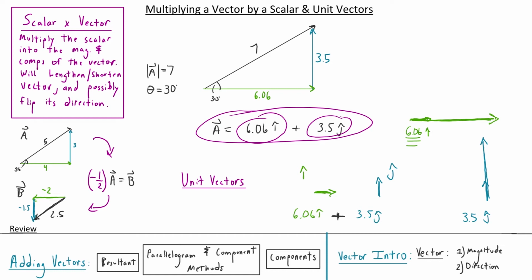Well, we know to add vectors, you do the tip to tail, you do that parallelogram method. I'll start by drawing my 6.06 i hat right here, finish at this point right here, and from that point I'll continue with my 3.5 j hat, and the sum, the resultant, the complete vector, is drawn from the very beginning here to the very end. And that is my vector A.